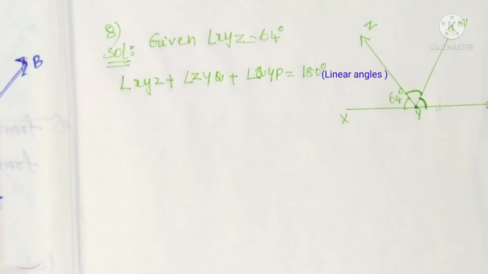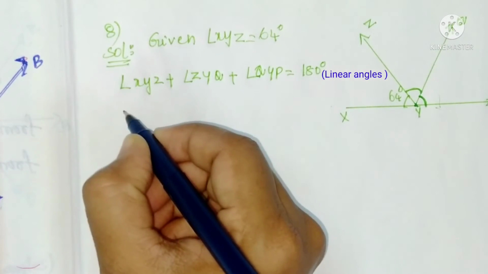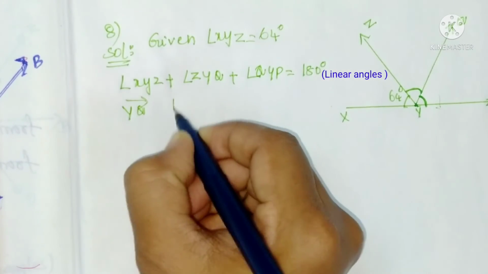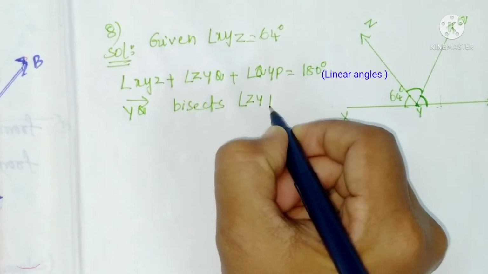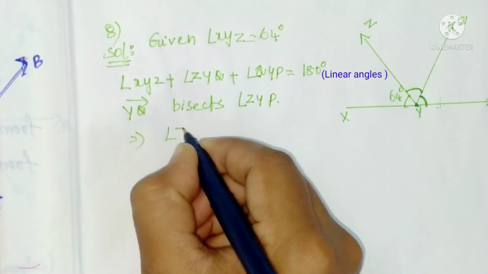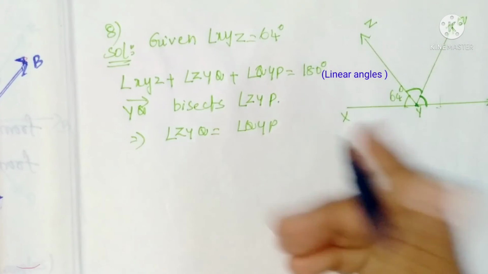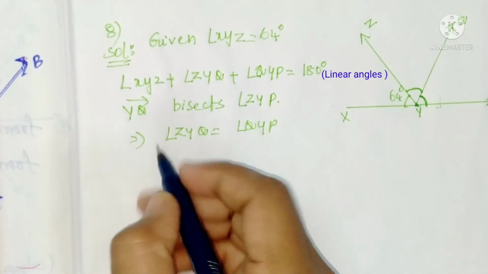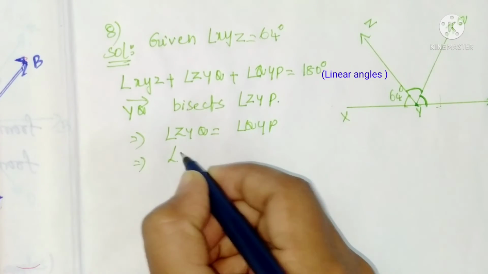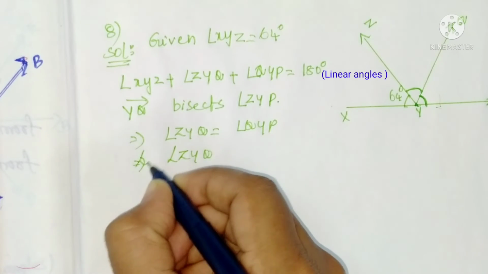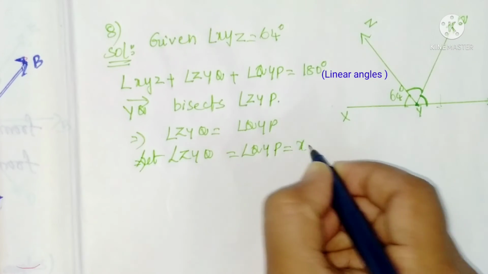In the problem, YQ bisects angle ZYP. That implies angle ZYQ is equal to angle QYP, these two parts are equal. Let angle ZYQ equal angle QYP equal X.